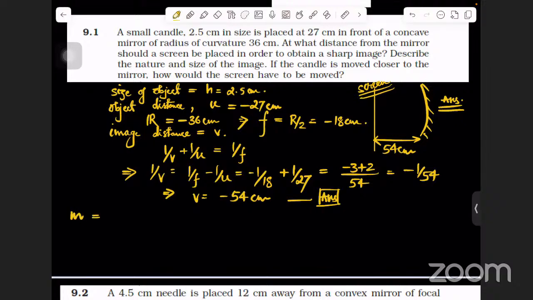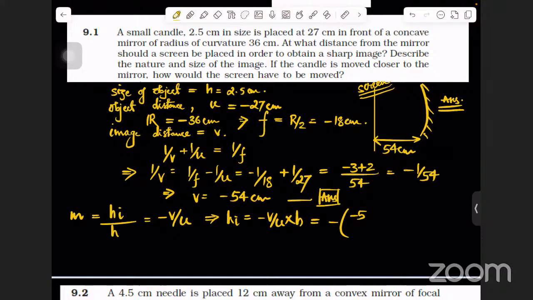The magnification M, which is the height of the image upon the height of the object, right? And for a mirror, it's equal to minus V upon U. That's what everyone knows, right? So that implies your height of the image would be minus V upon U into H, which equals, with the appropriate sign conventions, minus V, which is minus 54, upon U, which is minus 27, into H. H is 2.5 centimeters.